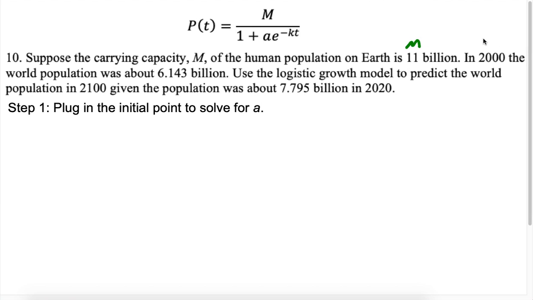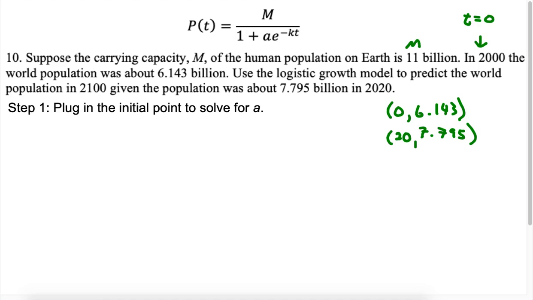So we're going to say that 2000 corresponds to t equals 0. So that means that the point (0, 6.143) is on the graph. Then my other point would correspond to this piece of data. Okay, so if 2000 is t equals 0, then 2020 would be t equals 20. So the point (20, 7.795) is on my graph.